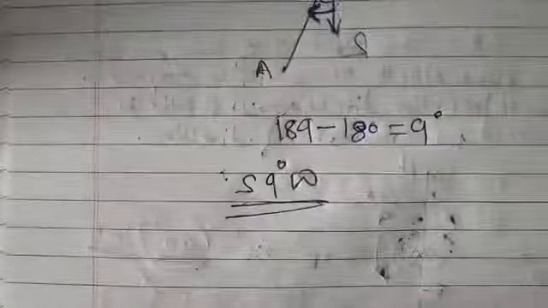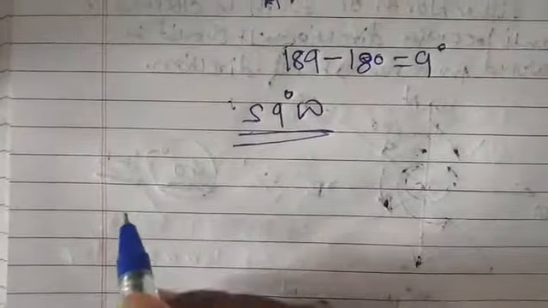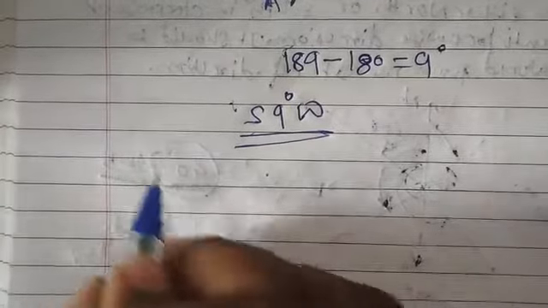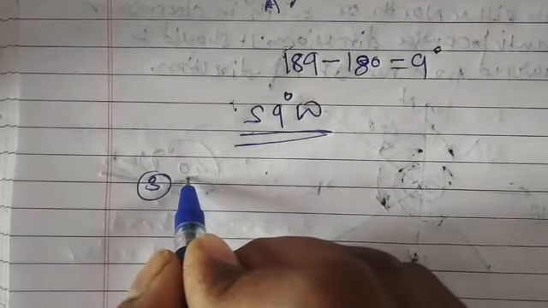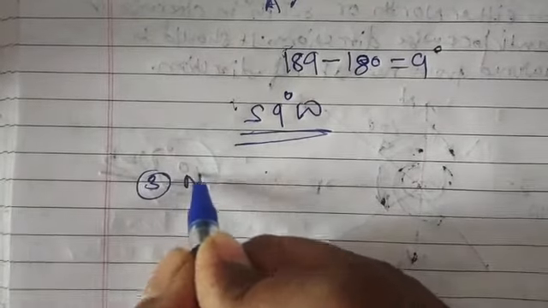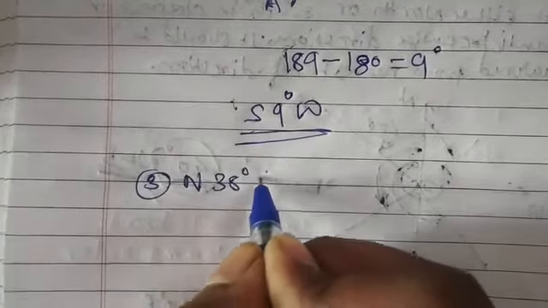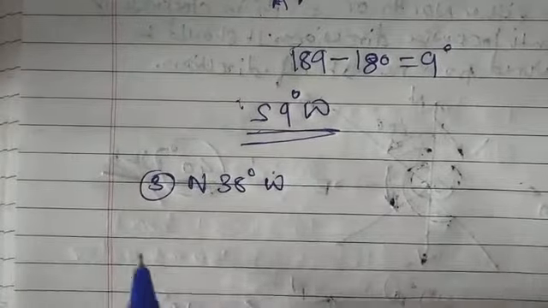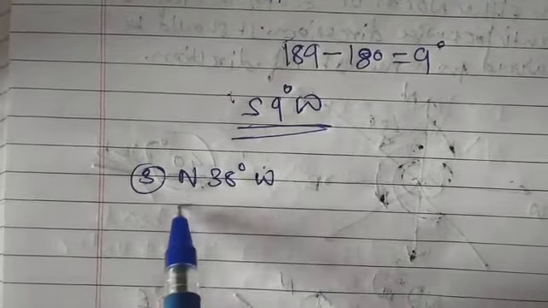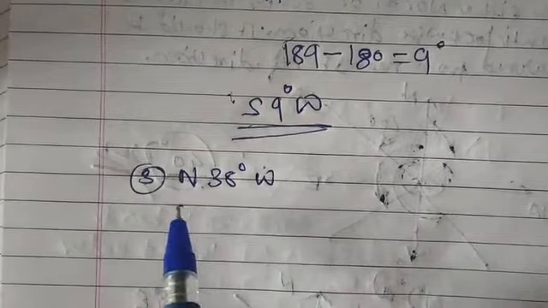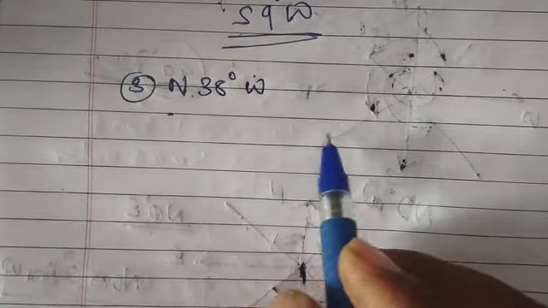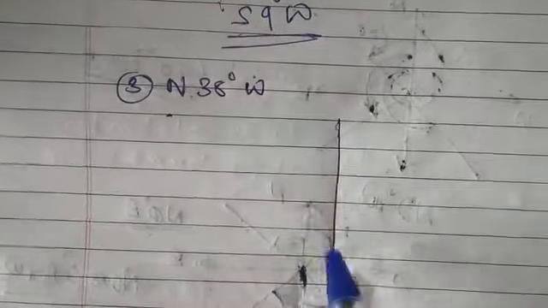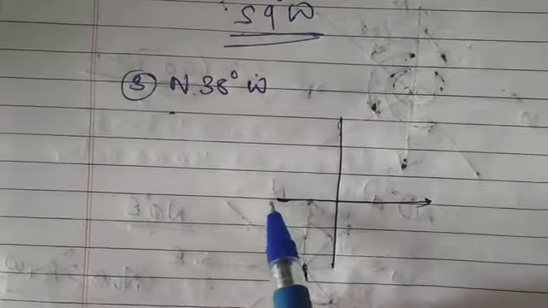Now let's see two more examples in which we'll convert quadrantal bearing to whole circle bearing. North 38 degree west. If it is asked to convert this quadrantal bearing into whole circle bearing, let's see how. First of all, we'll draw the line.